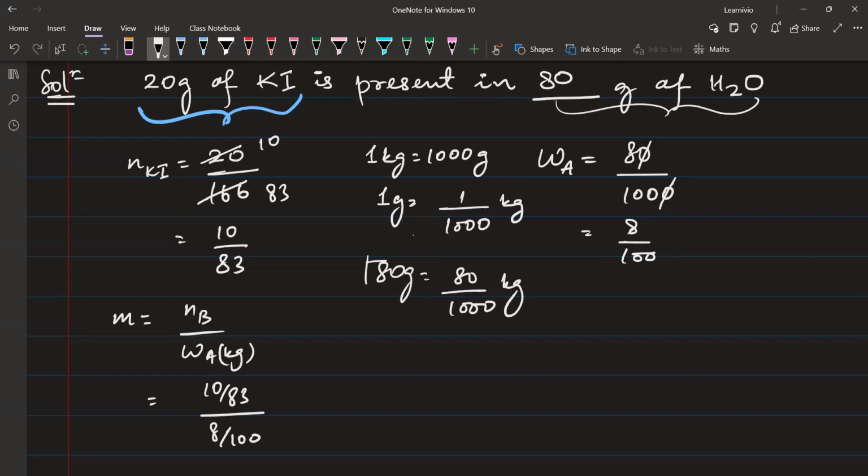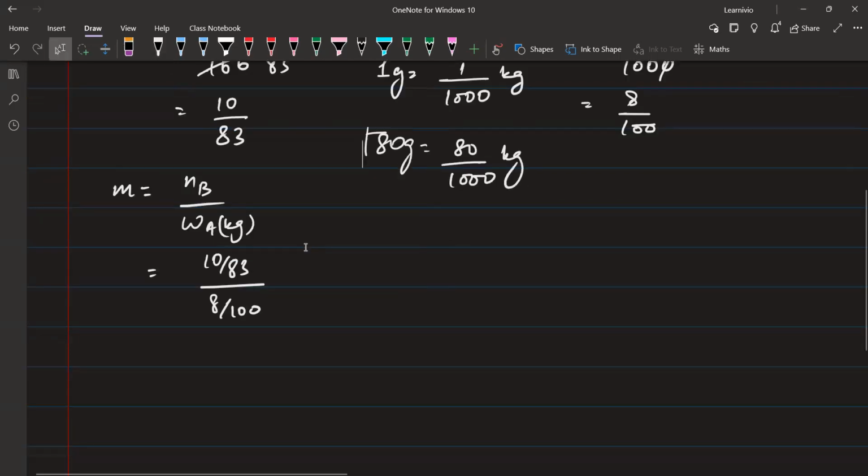Now here we have molality. It is equal to, we can do it like this, 10 upon 83 upon 8 upon 100. Fine. Can you guys calculate this value? What will be the molality?